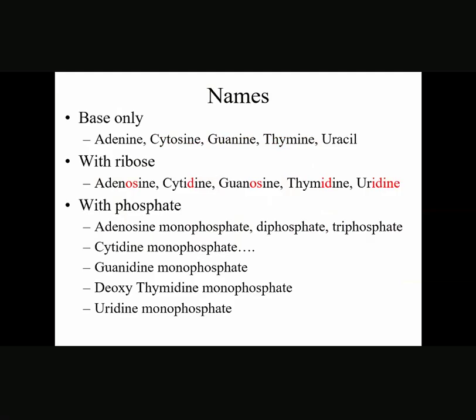All right, so once again, the base names, once we add the ribose, meaning the nucleosides, so these will be the nucleosides. And these are the nucleotides, once we add the phosphate to it.